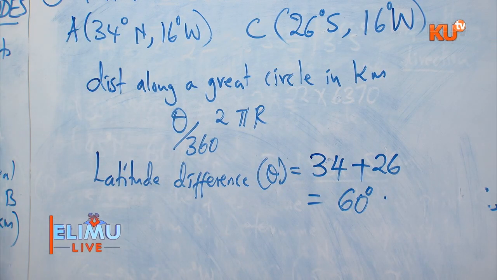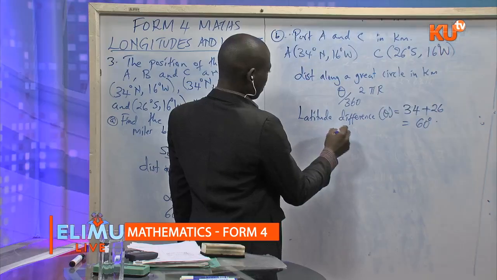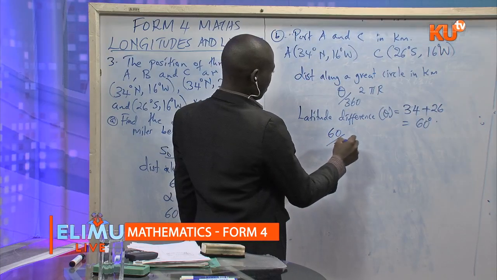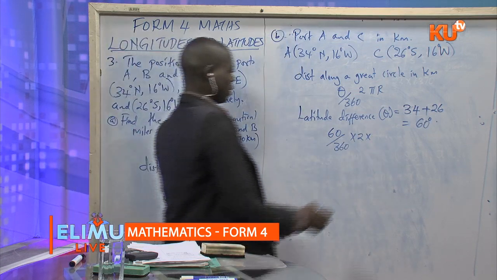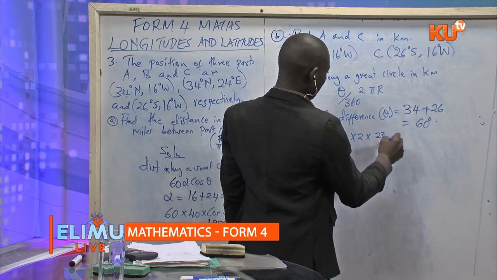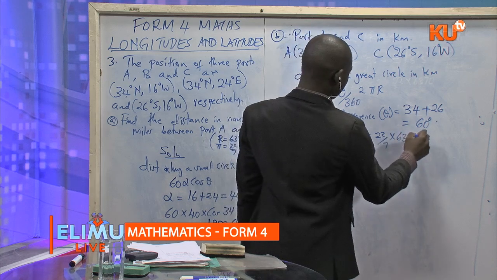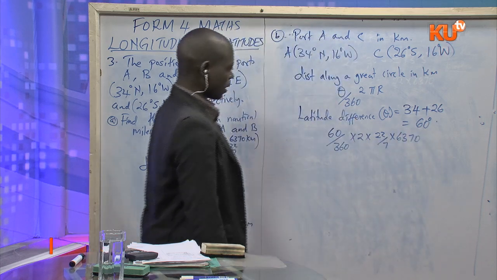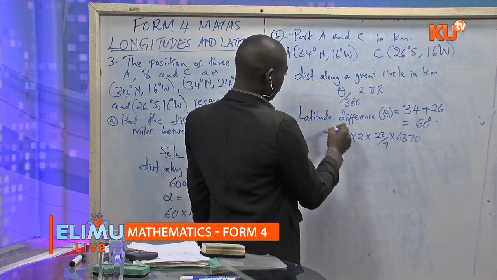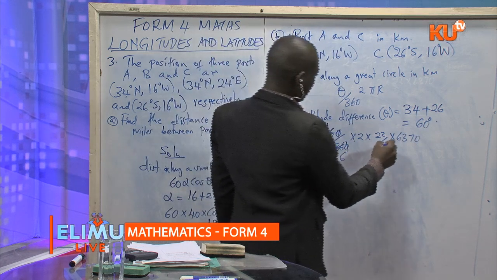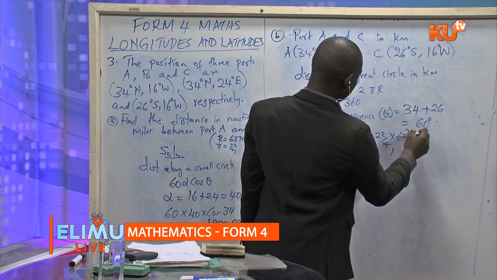So we replace in our formula then to have 60 divided by 360, multiplied by 2, and our question gave us pi, which is 22 over 7, we multiply by 6370. We can do our simplification or use your calculator. This is 6, this is 1, this is 910.